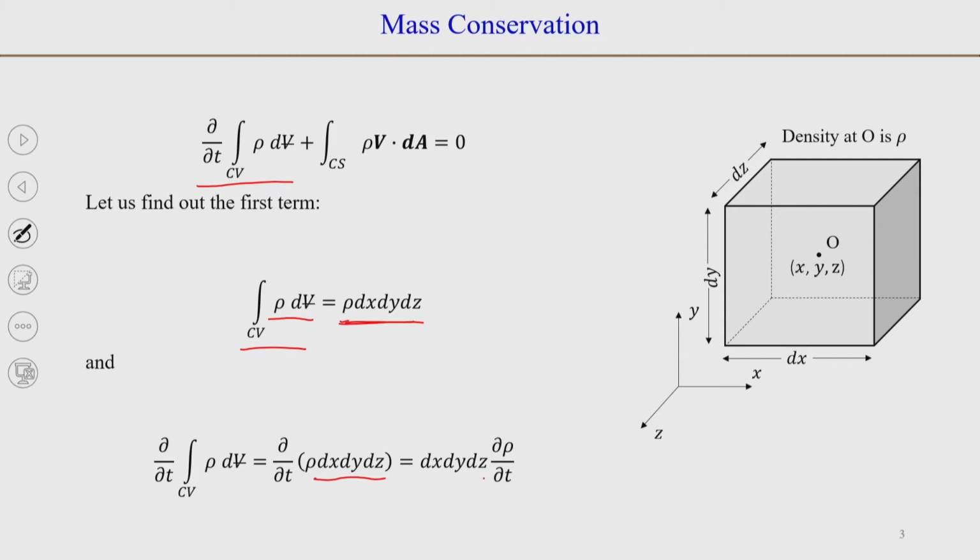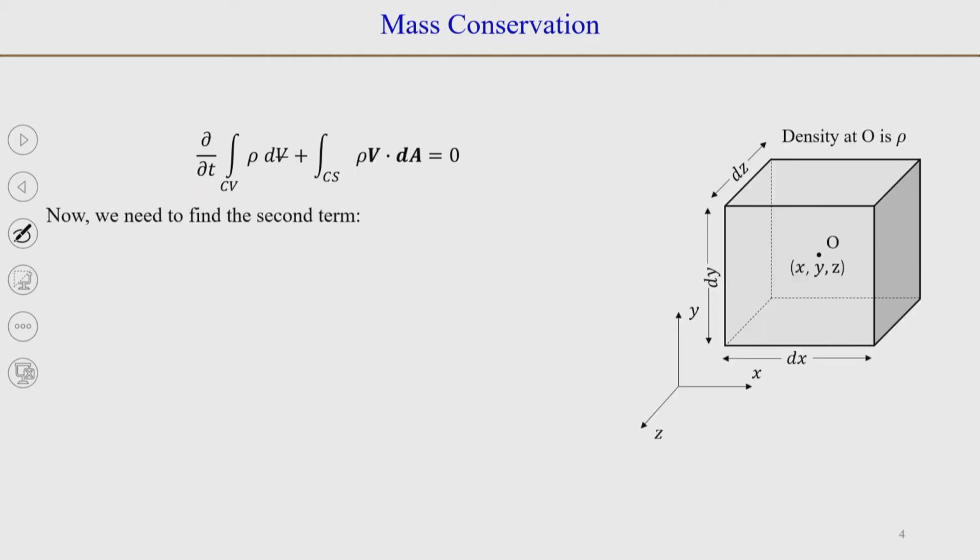So, dx dy dz does not depend on time and comes out of the derivative, and del rho over del t remains, because the density is a function of time. We have considered that. So, that is our first term.